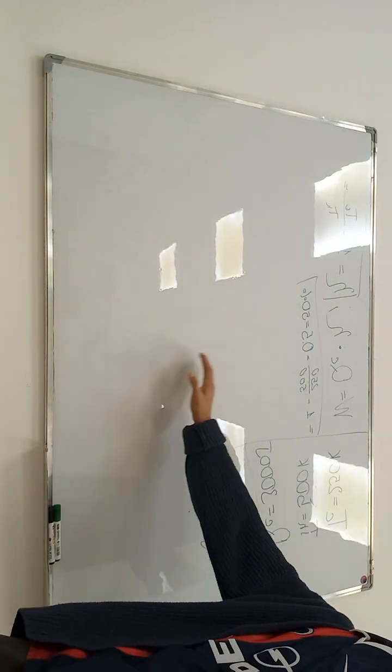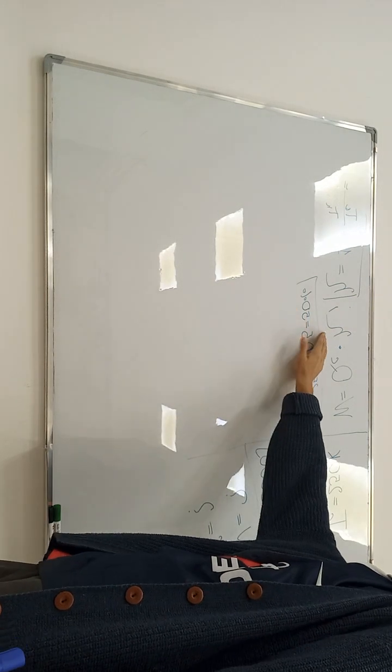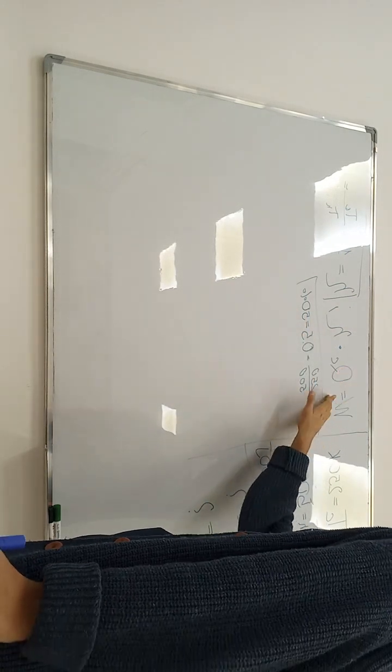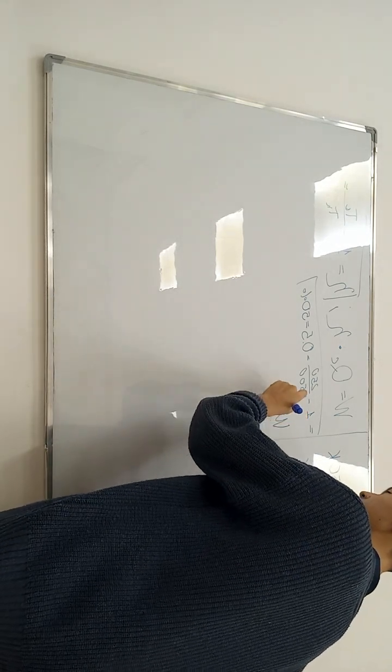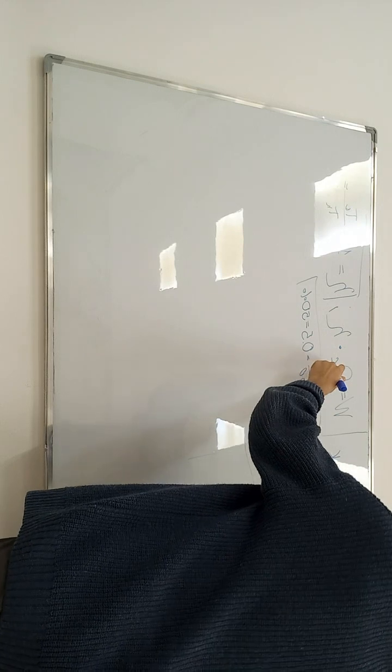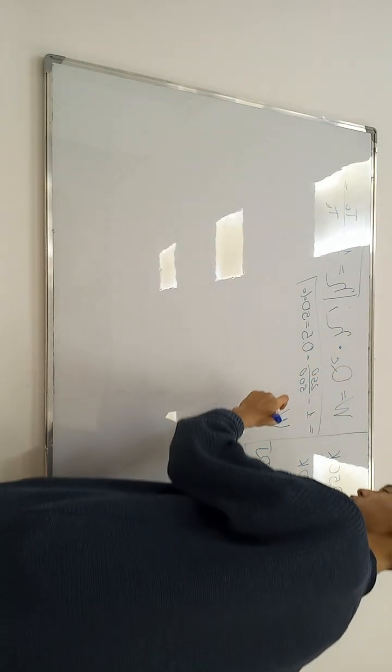I'm sorry, we put this efficiency here and just find the work done by the refrigerator. Work is equal to Q cold, which is 3000 joules.